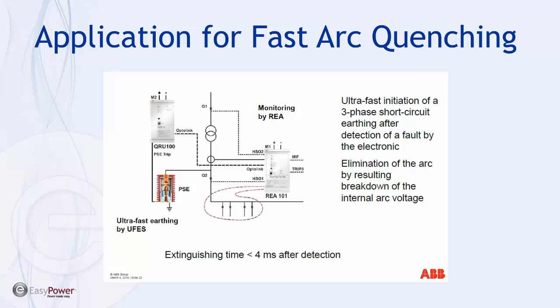Here, we can use an ultra-fast earthing switch and quench the arc by creating a 3-phase short circuit to ground. The only downside, obviously, is creating that 3-phase short circuit to ground, and also you have to replace the current limiting fuses every time they blow. But other than that, you really can't get much quicker than this application.